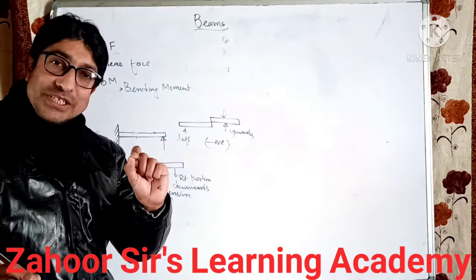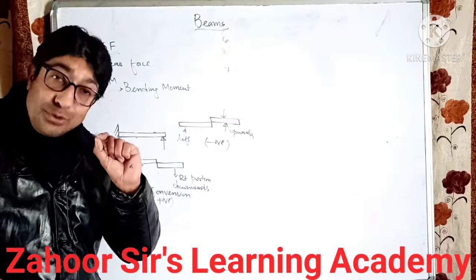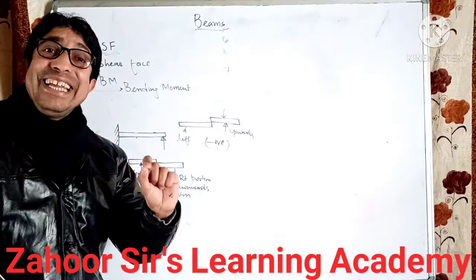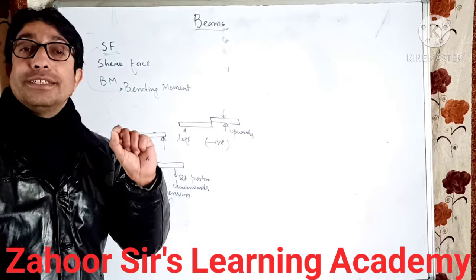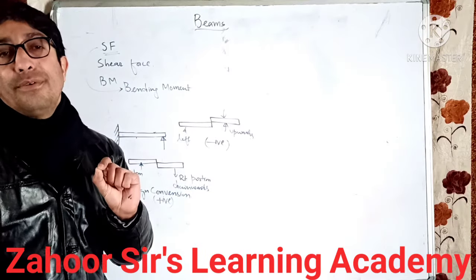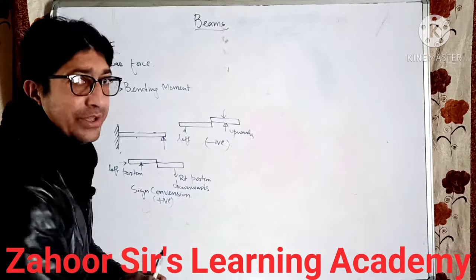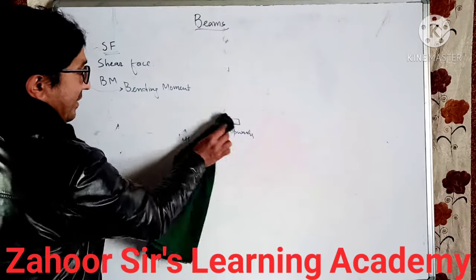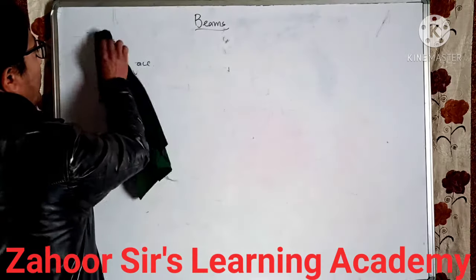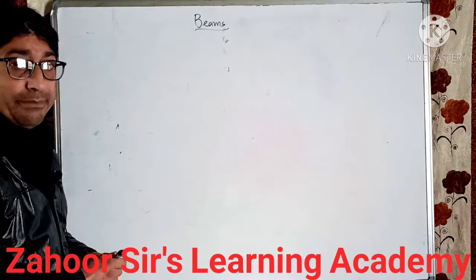The shear force is the algebraic sum of all the forces acting either on the right or left of the beam. That is the SF, shear force. Now let's talk about the last one. Then in the other class I will talk about the diagrams of SF and BM.